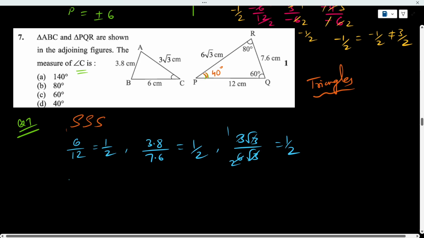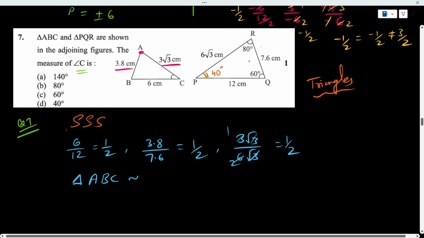But I need to identify the correspondence, right? A corresponds to which angle, B corresponds to which angle. So how do we check here? First you check, vertex A is between which two sides? It is 3.8 and 3 root 3.